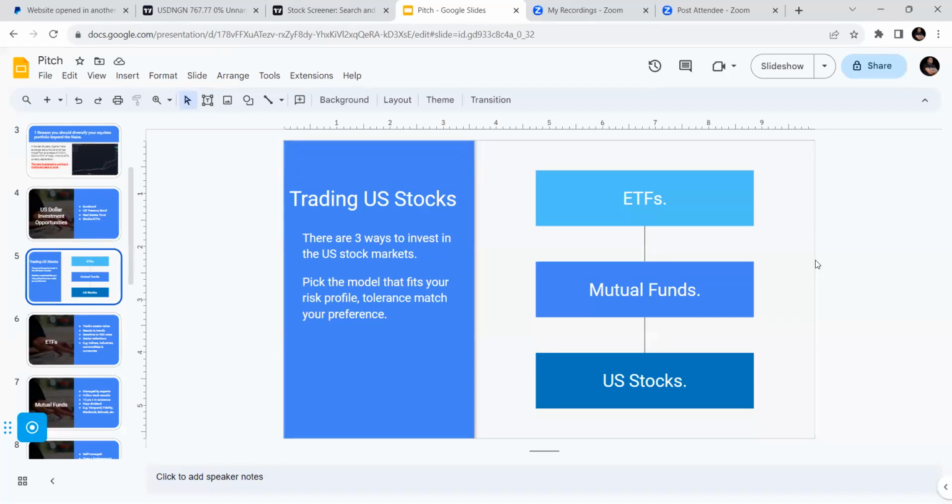Now imagine that we're anticipating the Nigerian stock market to crash. There would have been an inverse ETF that you can quickly buy, which goes up when the Nigerian stock market index is coming down. If there was a currency ETF in the Nigerian market, as the dollar is appreciating, if you cannot buy dollars directly, you can gain exposure to currency exchange rates by buying that ETF.